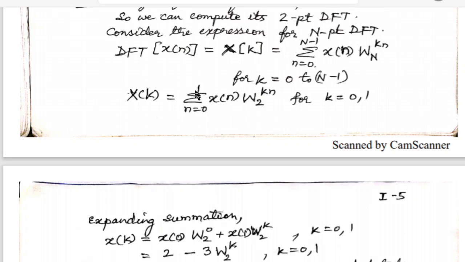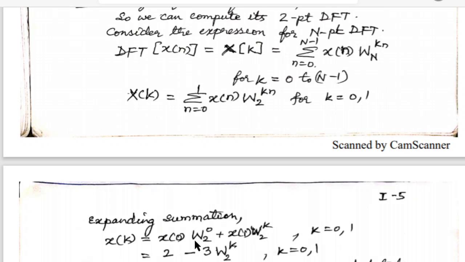So based on the length of the sequence, that many number of terms will come in the expression of X of k. Note that this should be written capital X. Always the DFT sequences have to be written with capital X notation. Here it has not been written. The time domain sequence has to be shown with small x. Okay, this correction needs to be done: capital X of k.